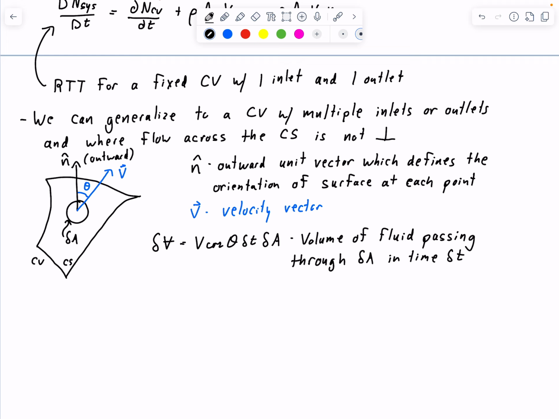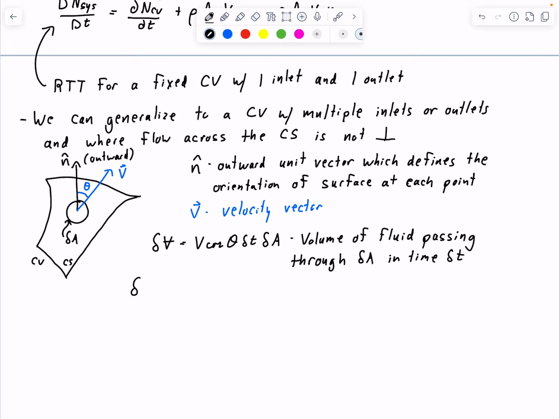So again, volume of fluid, you basically take V cosine theta, that's the amount of V that's lying along your vector n, and then you multiply that by the area, delta A, and the time, and that gives you the volume of fluid which is passing through this area in time delta t.